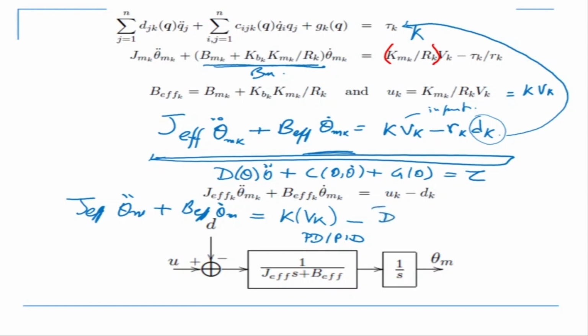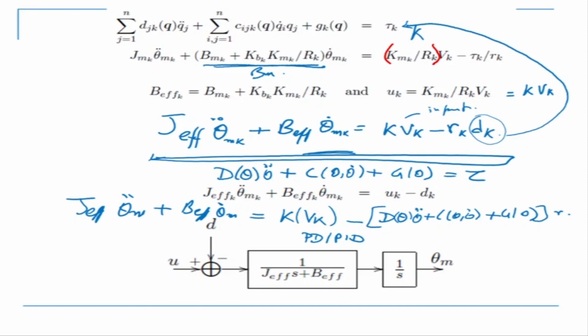Tau L is equal to d theta double dot plus c theta dot plus g theta, times the gear ratio R. So this is my total equation.